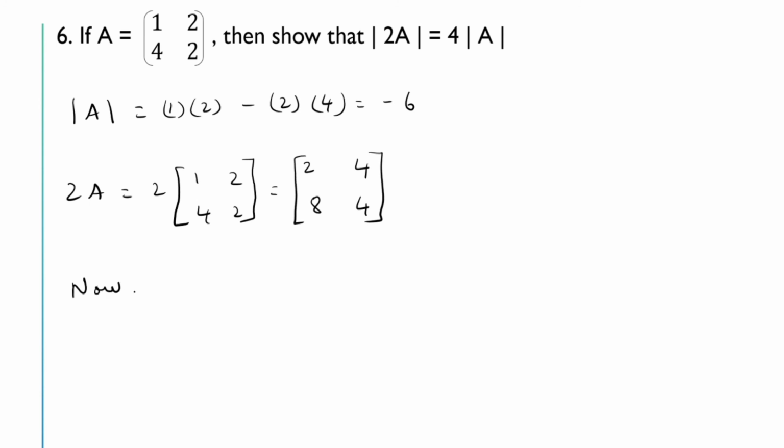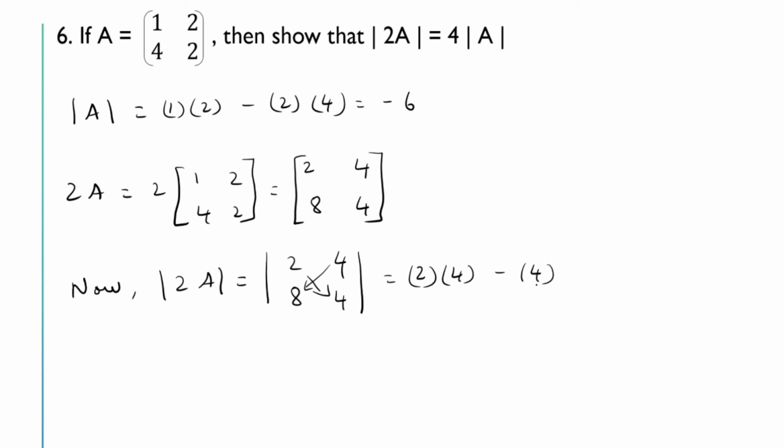Now let us take the left hand side. Determinant of 2A is equal to determinant of [2, 4; 8, 4]. So this is equal to product of these two minus product of these two. So 2 into 4 minus 4 into 8. So this is equal to 8 minus 32, that is equal to minus 24.